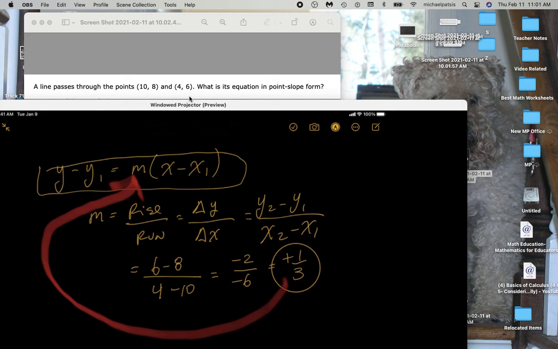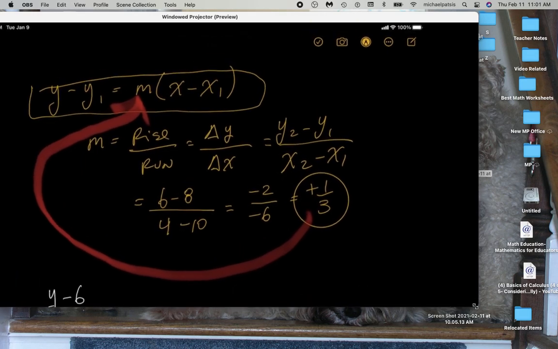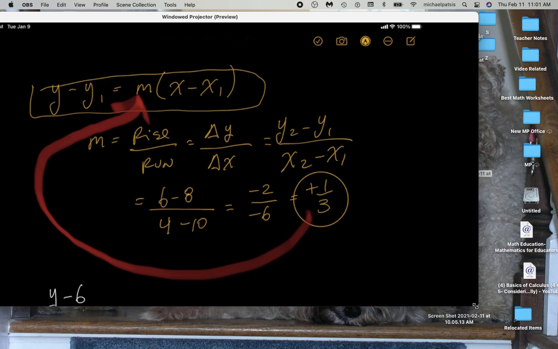So I'm going to have here y minus 6 is going to equal my slope, which I had to work to get, times x minus 4.